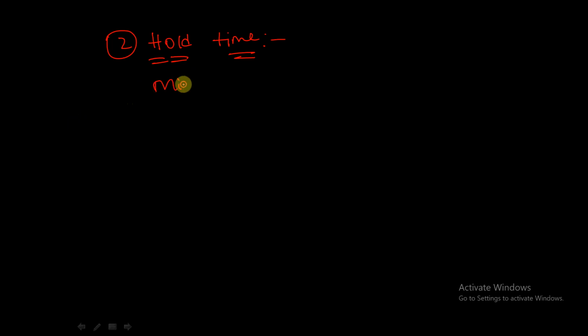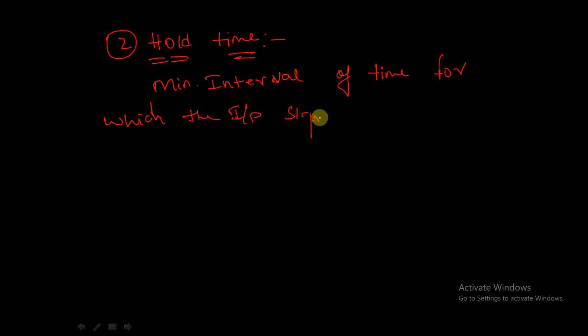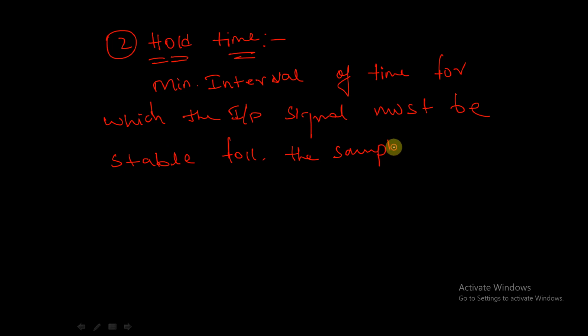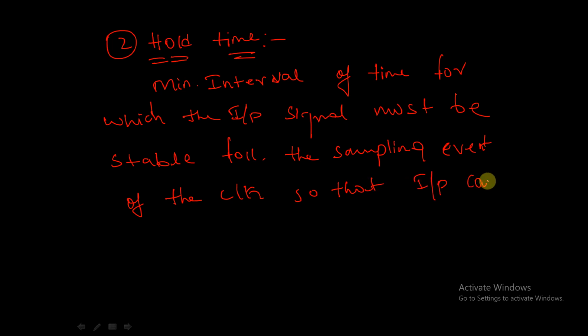So it is the minimum interval of time for which the input signal must be stable following the sampling event of the clock so that input can be recognized correctly.